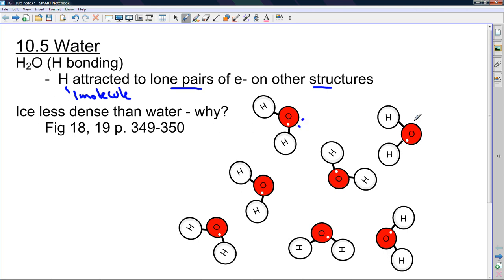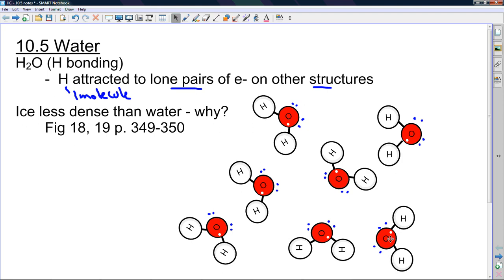So for example here, if we imagine each oxygen atom has two lone pairs, what ends up happening is the hydrogens on one atom orient themselves or rearrange in such a way that they are attracted to lone pairs on others.